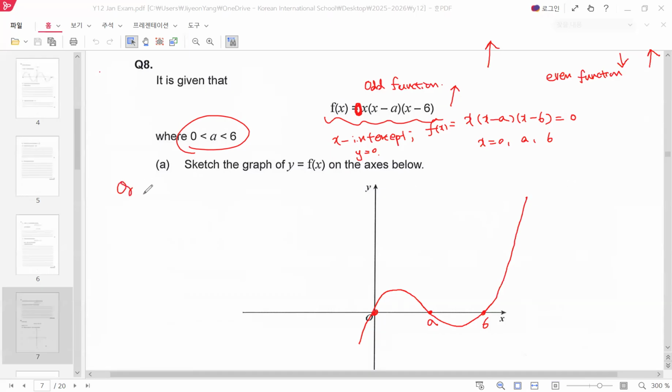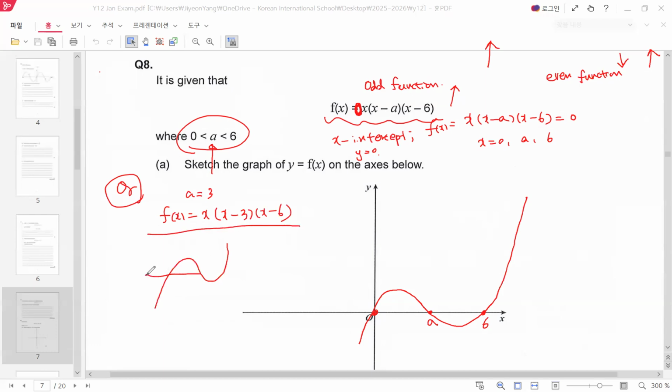Or if you forgot how to solve this one, then just choose a simple a between 0 and 6. So let's say 3. It means that f(x) equals x times x minus 3 times x minus 6. And by using your calculator, you can draw a graph.